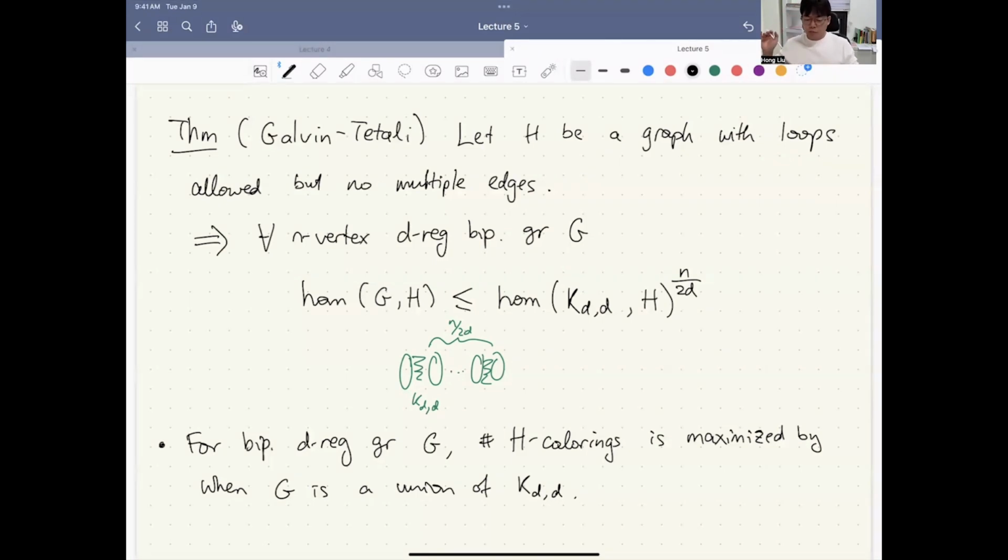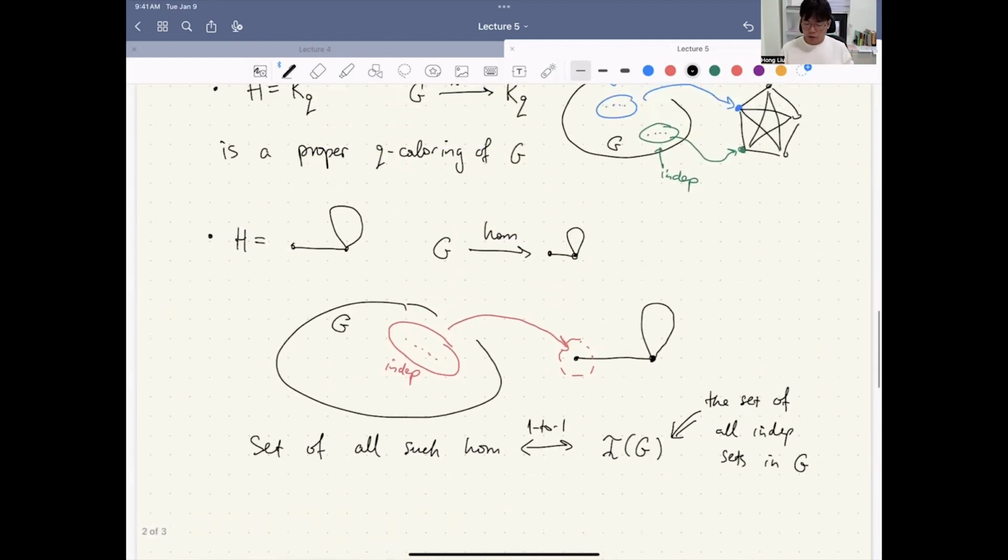So let's do the same thing as we did on the last page. We're going to state the consequence of these results in two special cases: the case when H is a fixed size clique, so we count the number of Q colorings, and the case when H is this graph, which counts the independent sets.